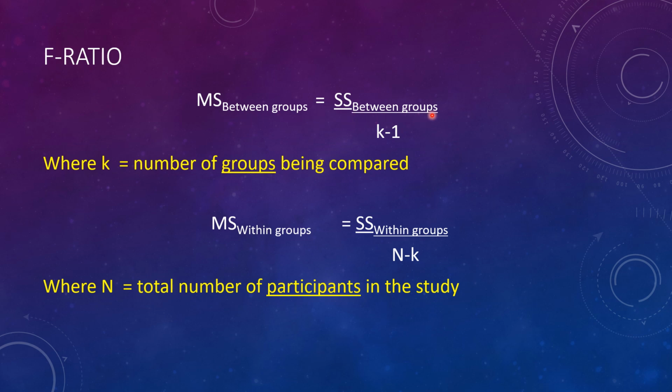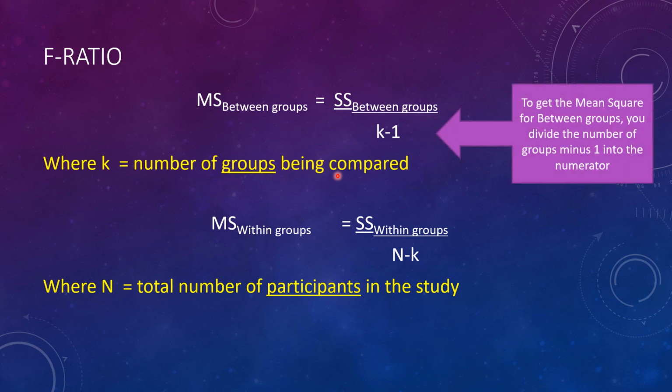It's the sum of the squares between groups, which I haven't told you how to do yet, that's on the handout, divided by a value called k minus 1. And k is simply the number of groups being compared. So if I've got 3 groups, which is what we have here, then the denominator is 3 minus 1, which in this case is 2.